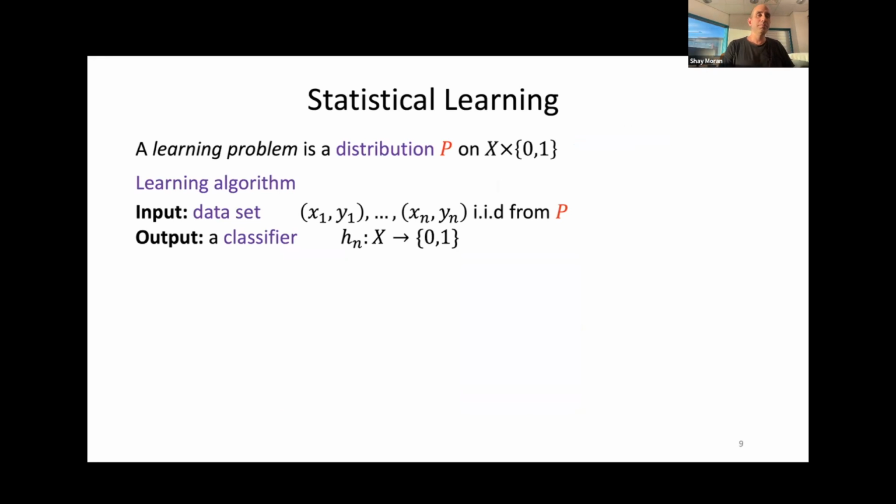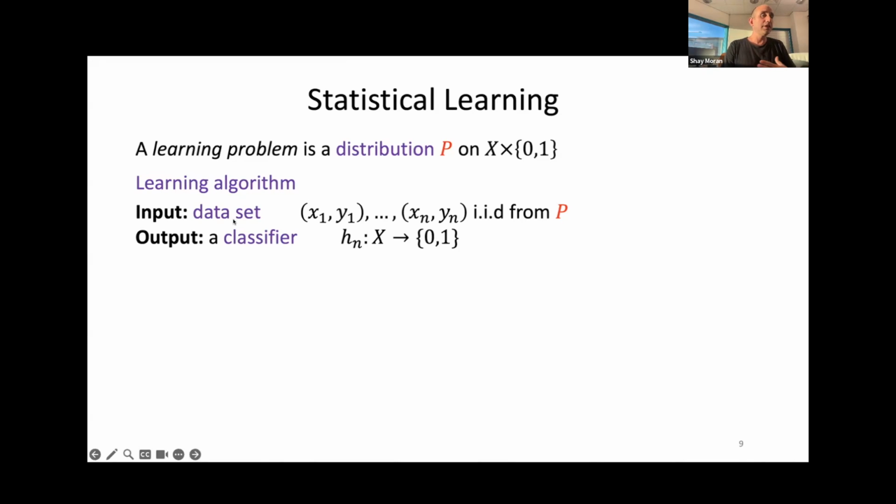A learning problem is simply a distribution P over ordered pairs of points from X, which we call instances, and labels. In this talk, we will assume that the labels are discrete and binary, so we have 0 and 1. You can think about maybe the points X are images from the internet, and the labels indicate whether the image contains an animal or does not contain an animal.